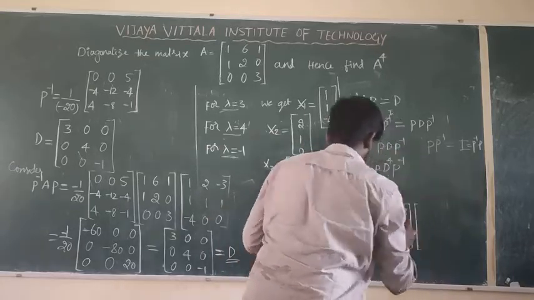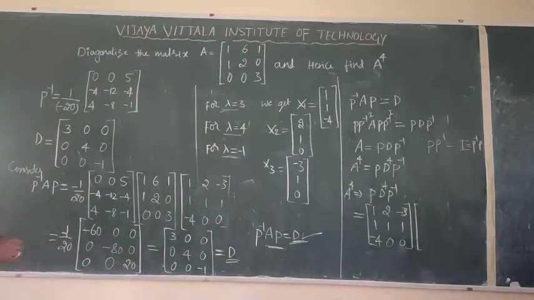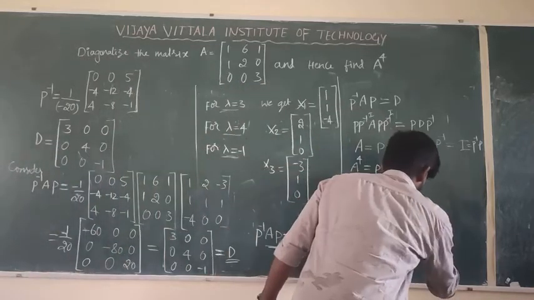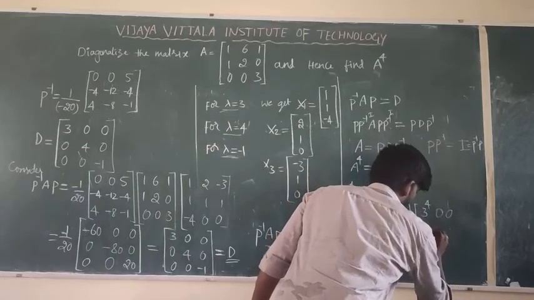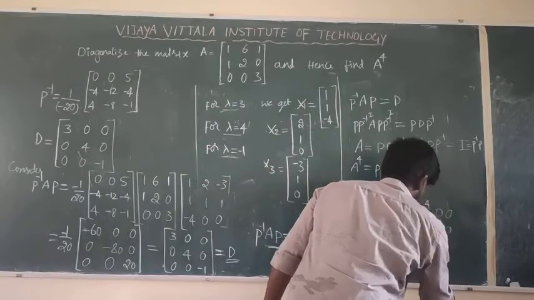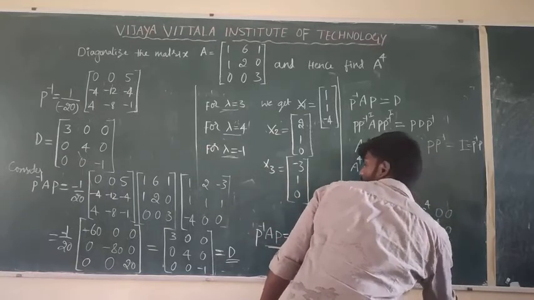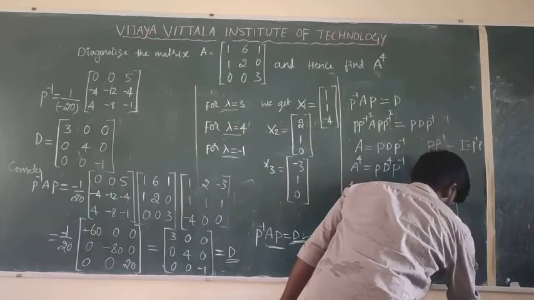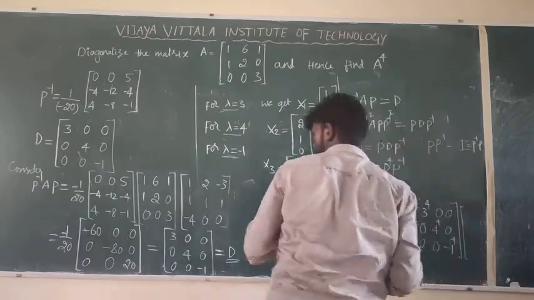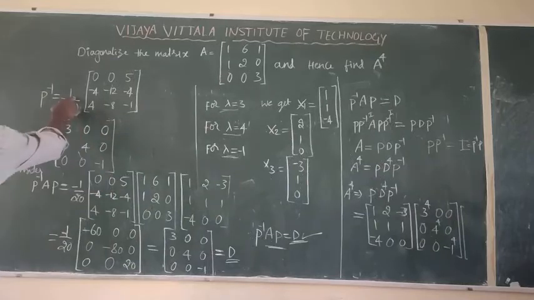And D power 4 means the elements raised to the power 4: 3 power 4, 0, 0, 0, 4 power 4, 0, 0, 0, minus 1 power 4.